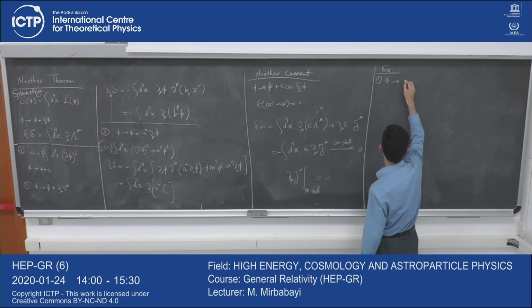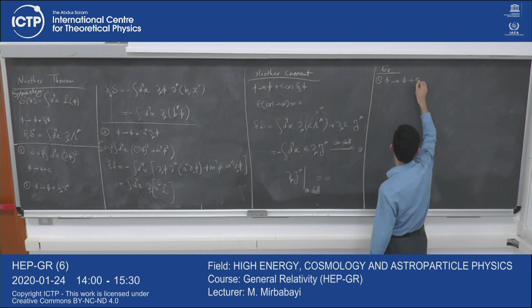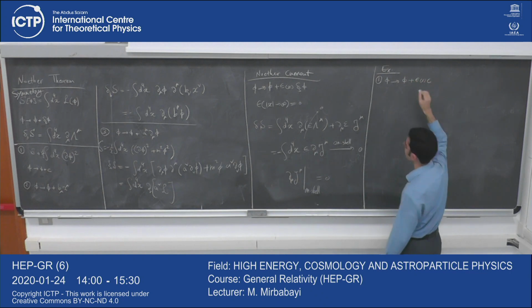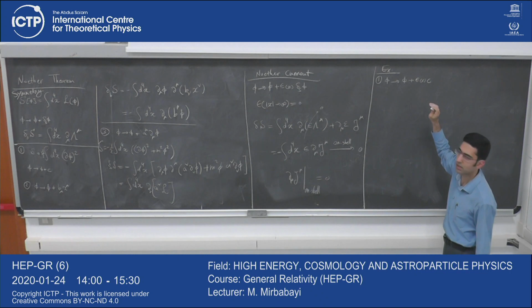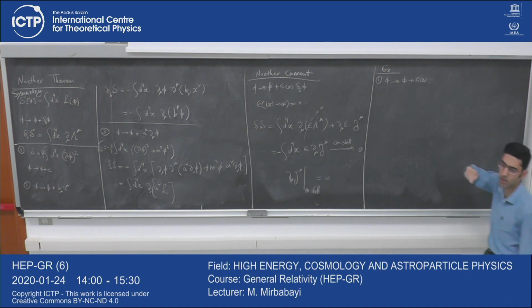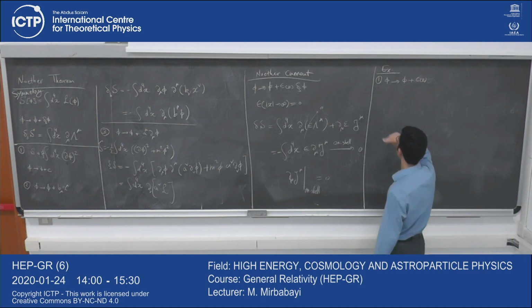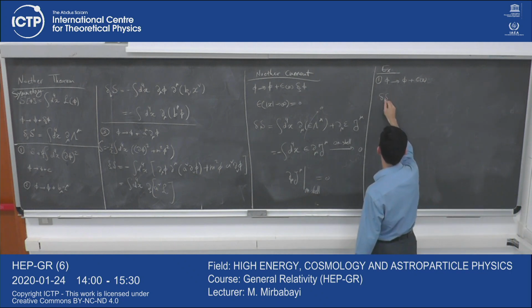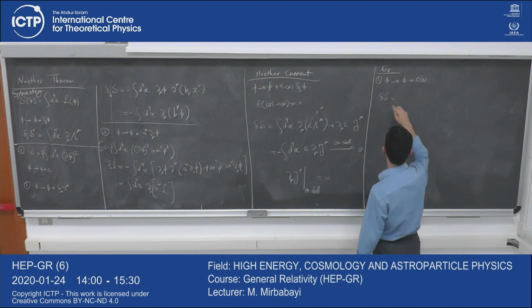I could write it as phi going to phi plus epsilon of x times c, but this is a bit redundant. I just write it phi going to phi plus c of x. So I just promote the parameter of transformation to be a localized function. Now let us see what happens if we vary the action.